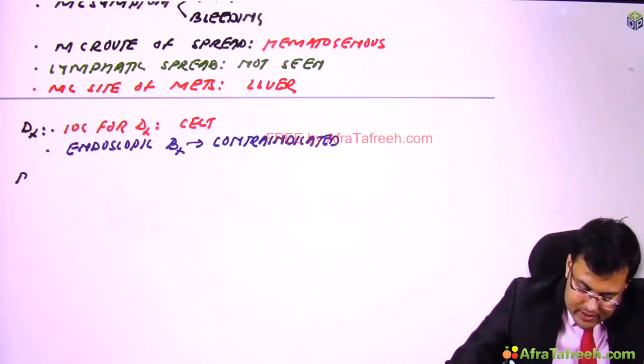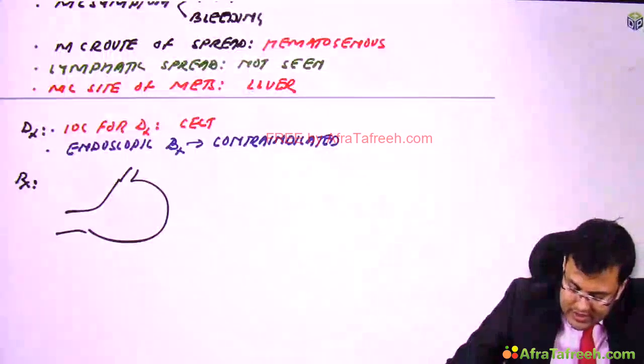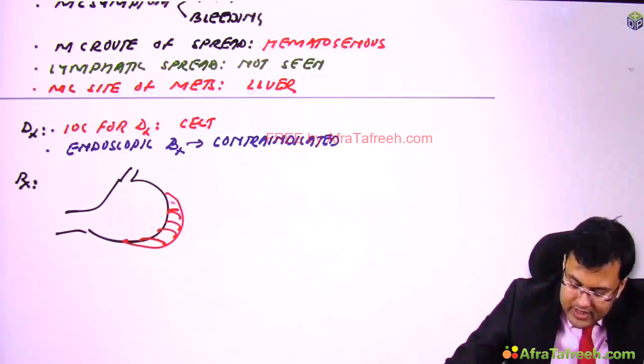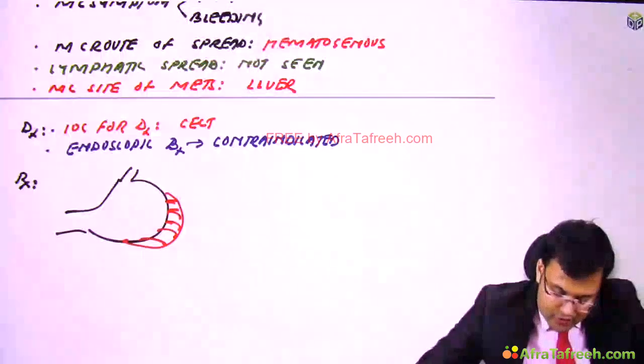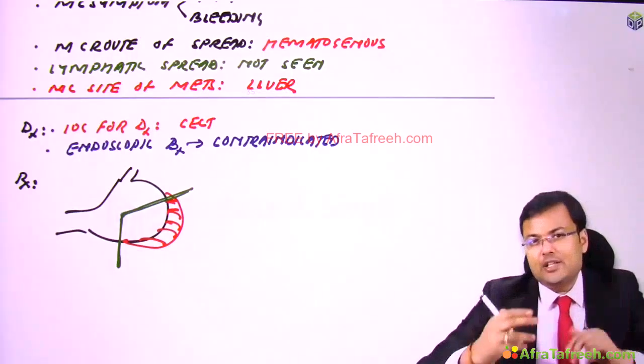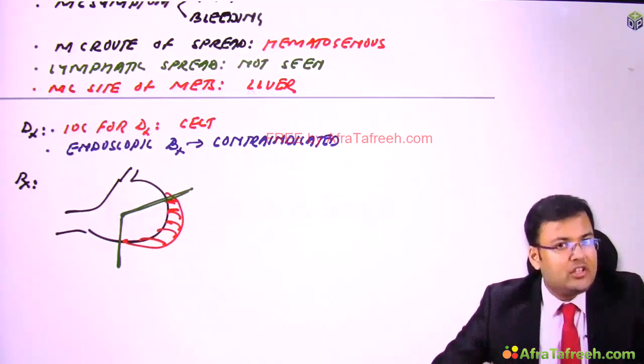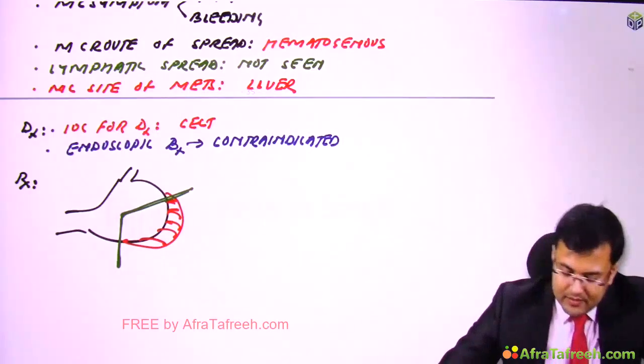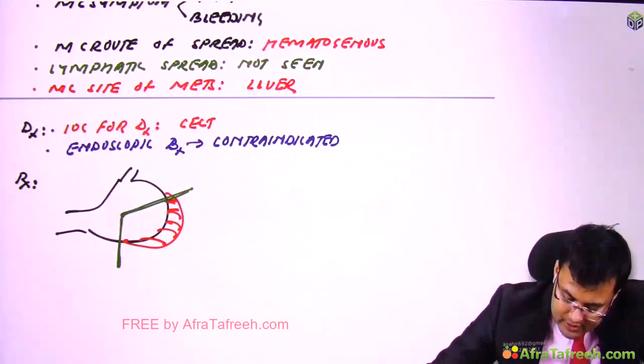What's the treatment? See, this is the tumor. Just like sarcoma, I'm going to treat it. So I go for segmental resection or wedge-shaped excision with generally 1 to 2 centimeter margin.